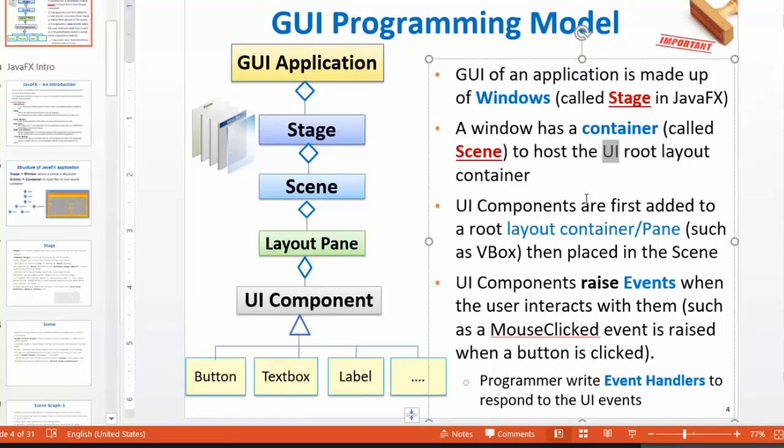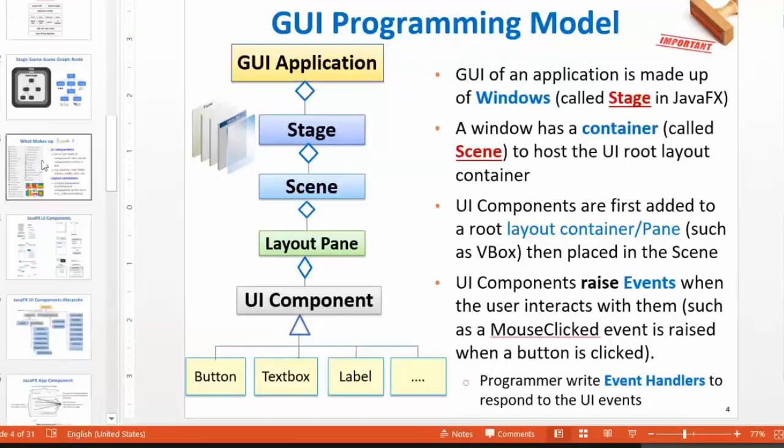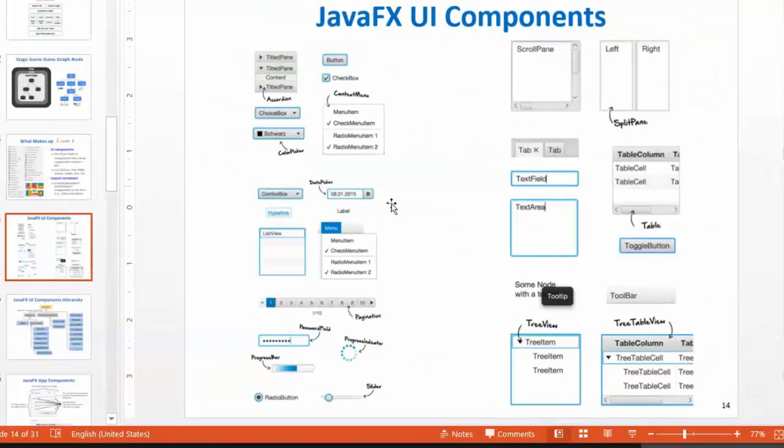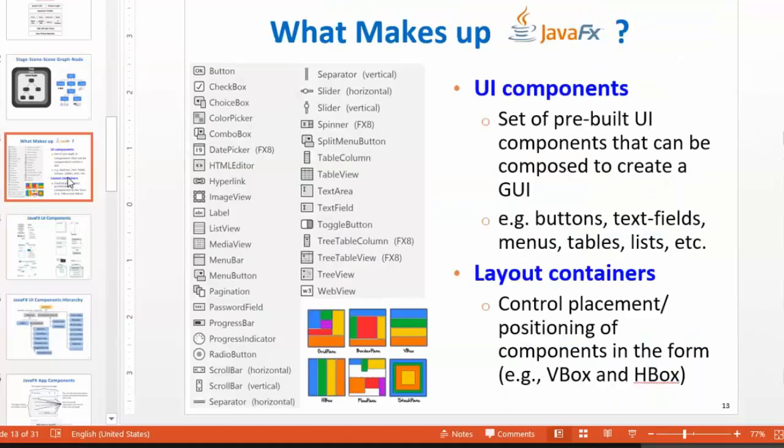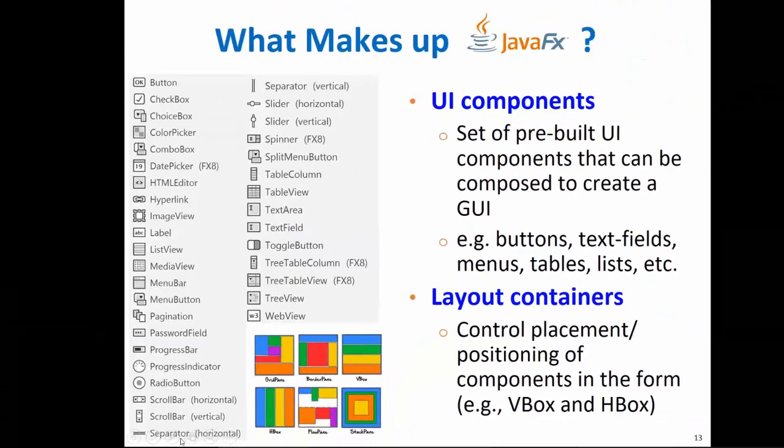This is called layout. The components, the ones I talked about here, are not directly put or placed inside the stage or the scene. No. We put them in a container, like this. Look at these containers down here. The container here will arrange them horizontally, vertically.